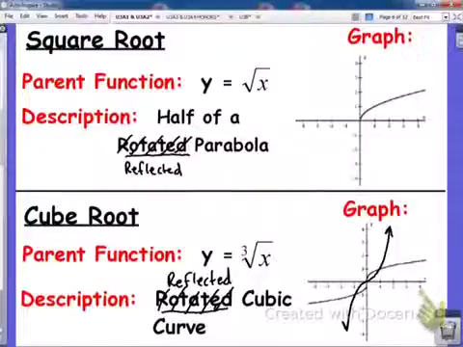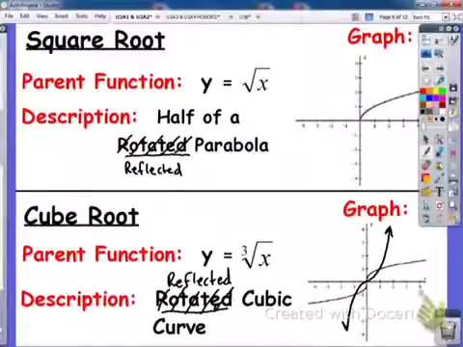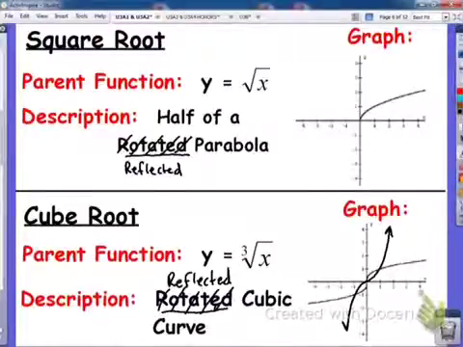It's reflected across the y-axis, and then there's this rotation. Same thing is true up there for the square root. But this is good enough. The main thing here is that you know what it looks like.